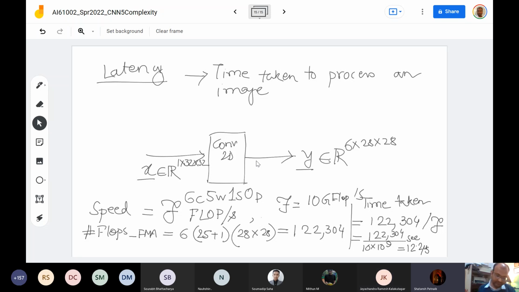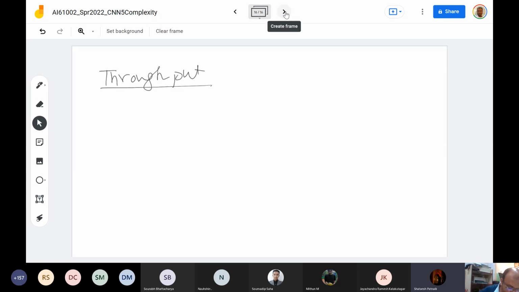Next is something which we call throughput. Throughput is essentially defined as the number of images processed per unit time.